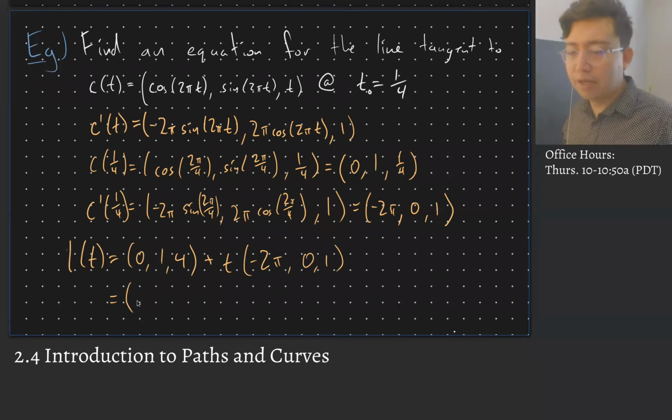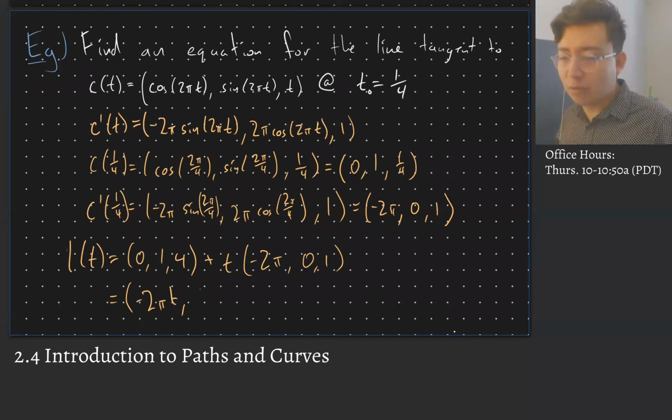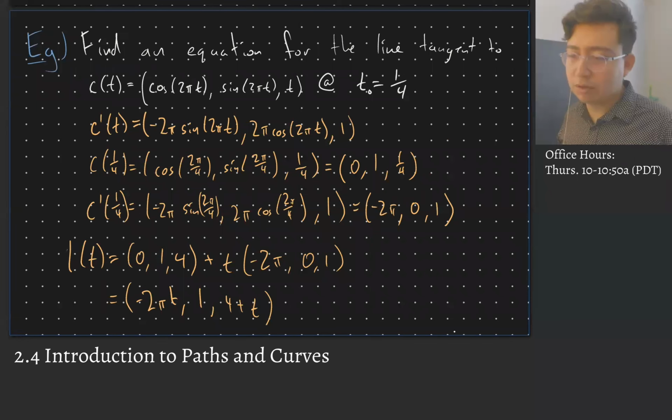So here you'd get negative 2 pi t, 1 plus 0t, I guess, but we won't write that, and then 1/4 plus t. Oh, this should be 1/4, not 4. Same, 1/4.